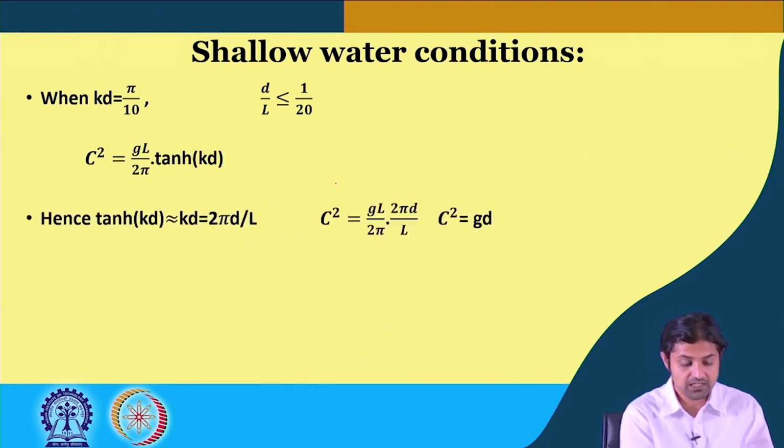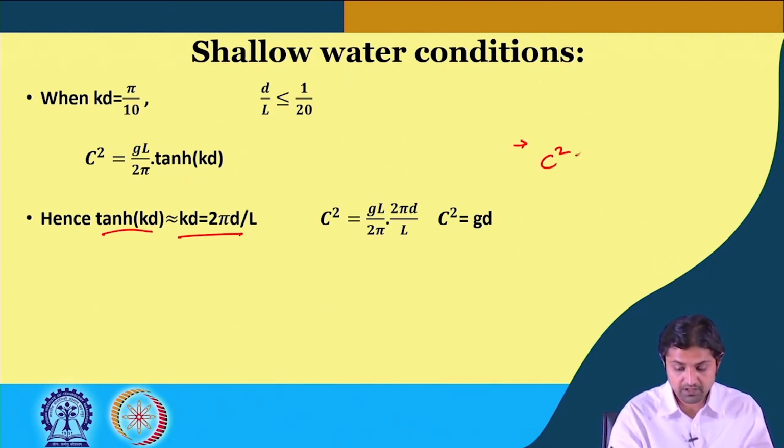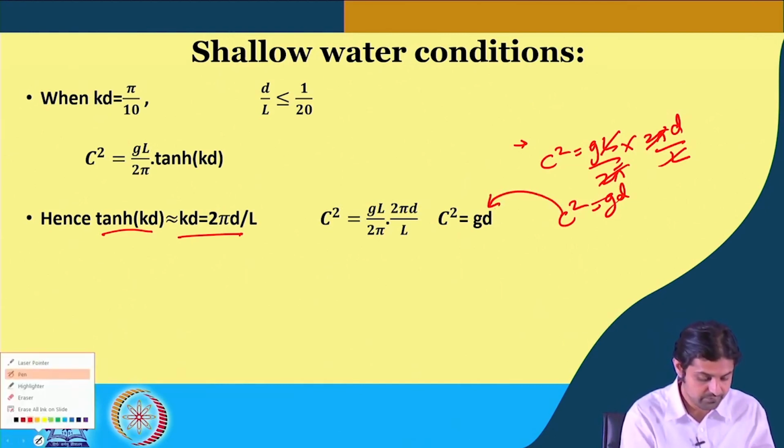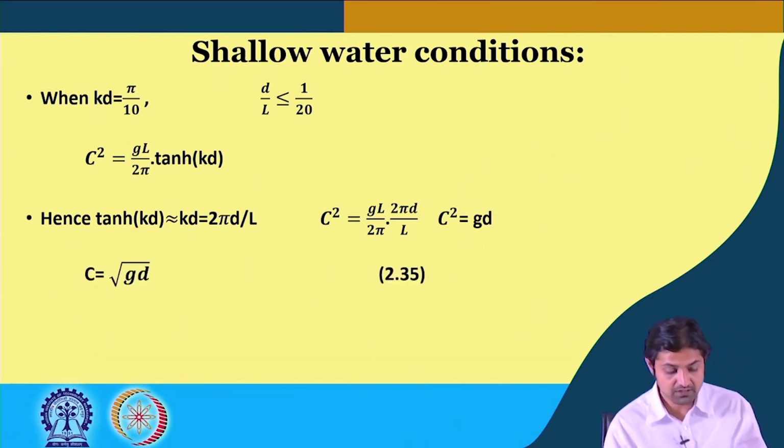Then tanh kd can be written as kd, which is equal to 2 pi d by L, so c square becomes gL by 2 pi into 2 pi d by L. So, 2 pi gets cancelled and c square is equal to gd, same as what we have written here. So, c is under root gd.